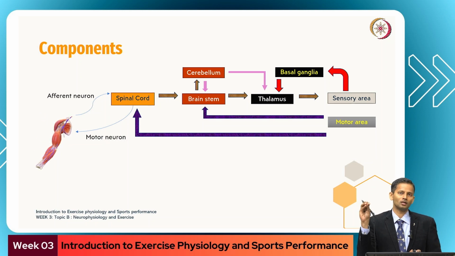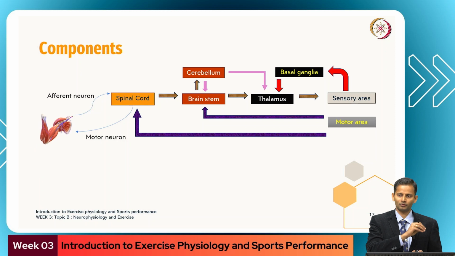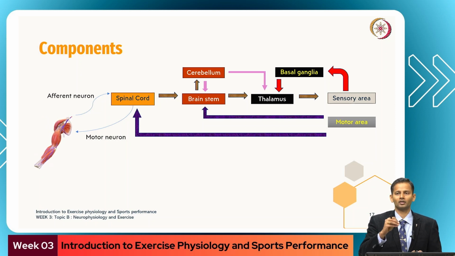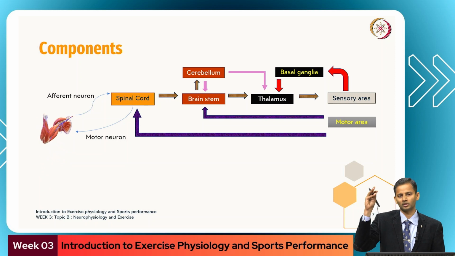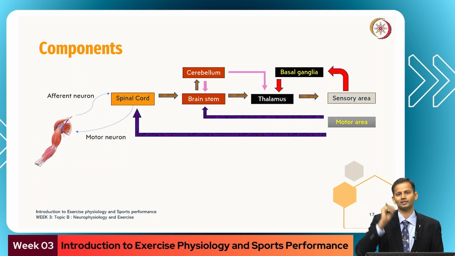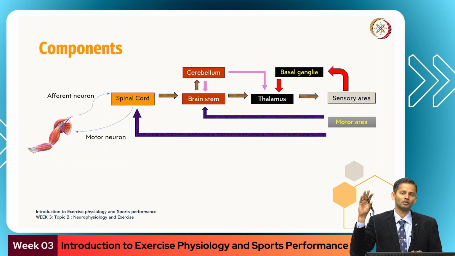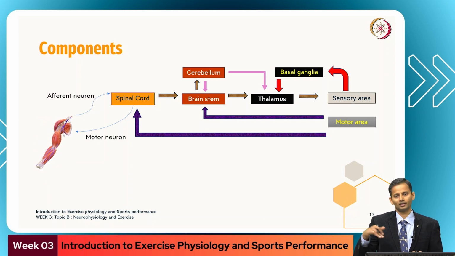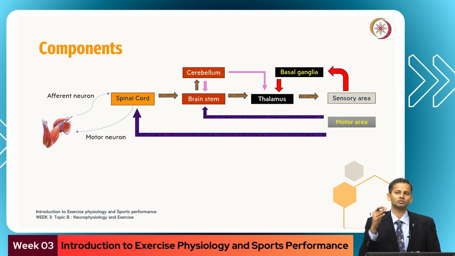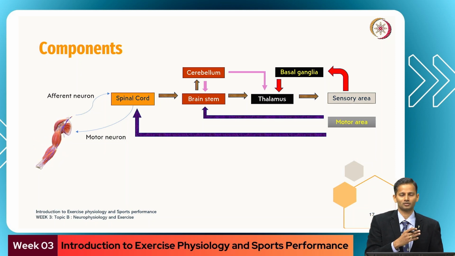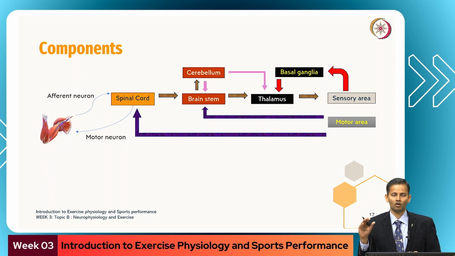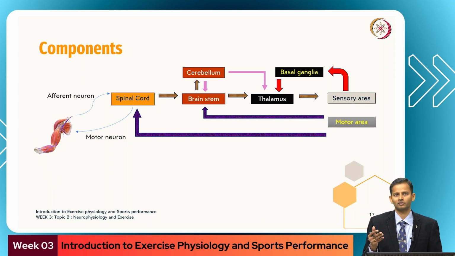So these pathways which go from sensory afferent neuron, spinal cord, brainstem, thalamus to sensory area are called the ascending pathways, and the motor response which comes from the motor area either directly to brainstem or directly to spinal cord, these are the descending pathways, and are also called the descending tracts.